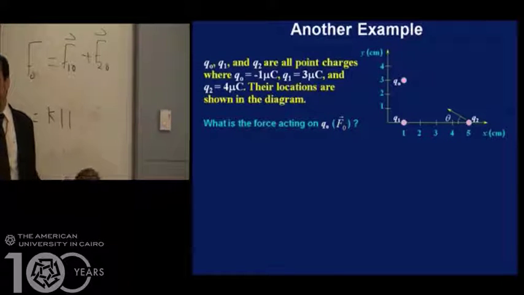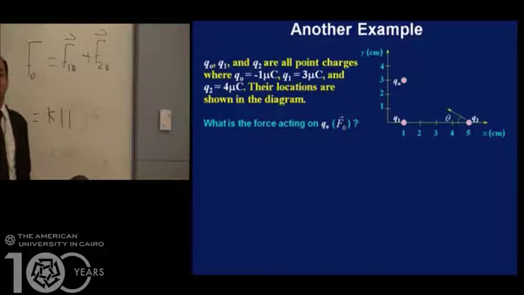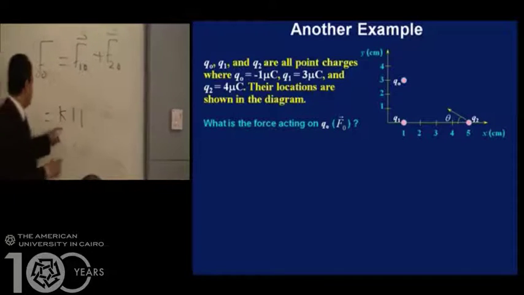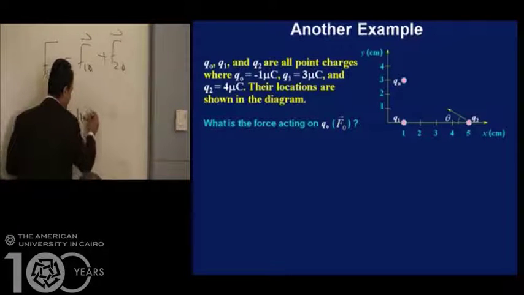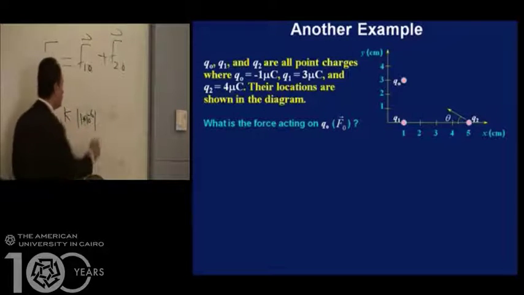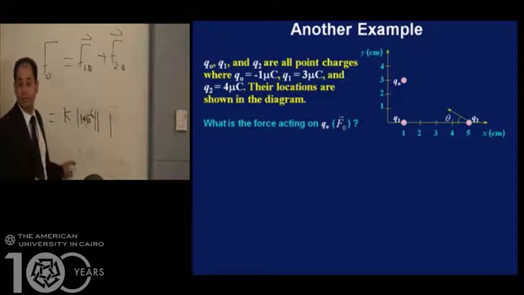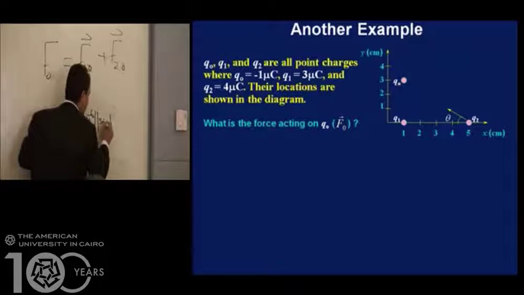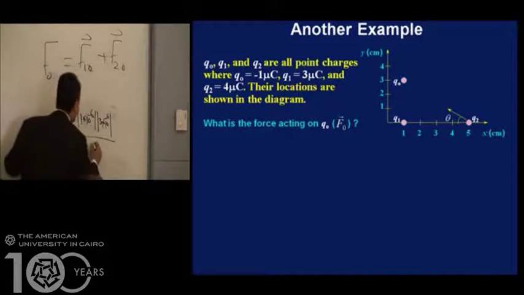It's going to make your life much easier from now on. What is the magnitude of Q0, its absolute value? 1 microcoulomb, right? I did not put any sign in here. What is the absolute value of Q1? 3 times 10 to the power minus 6, divided by the distance between them squared. I'm going to leave that for you guys.